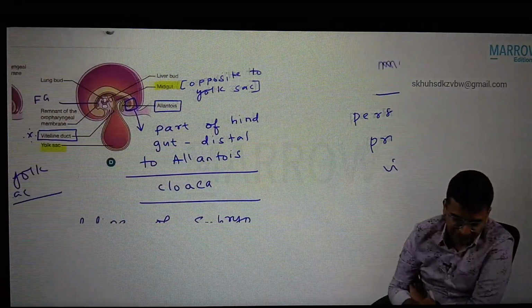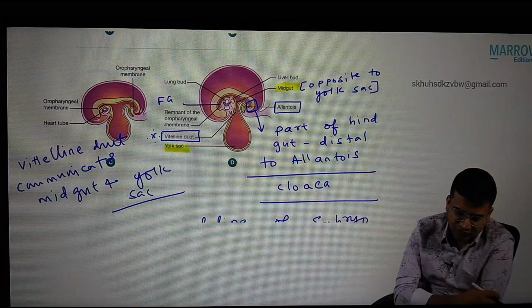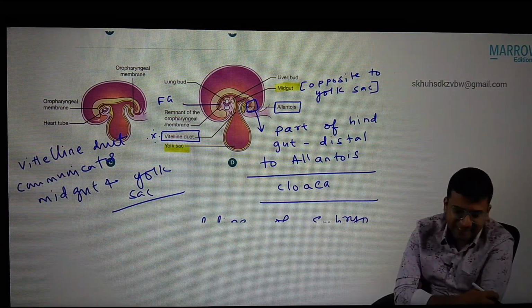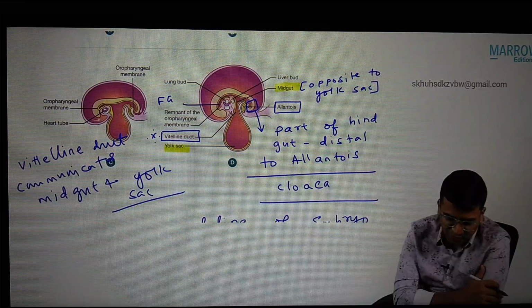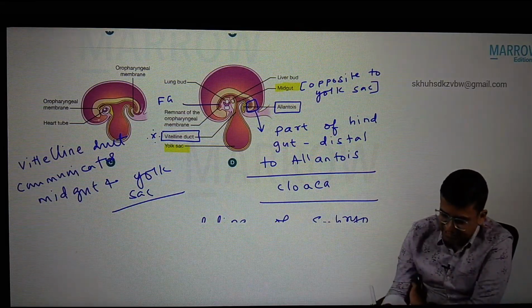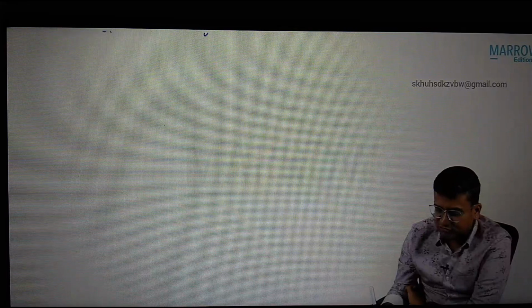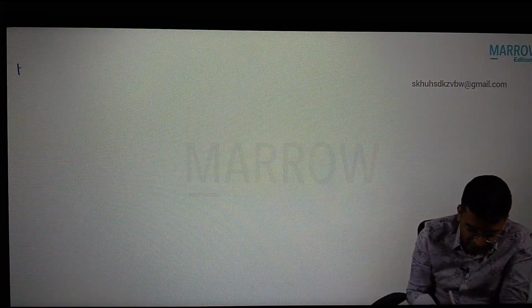Right. Shall we proceed? So now we're going to write the basic properties of the foregut tube, midgut tube, and the hindgut tube. Now we have the three subdivisions, and we know the basic orientation of the gut tube. With this idea and background, we're going to see the properties of foregut, midgut, and hindgut.